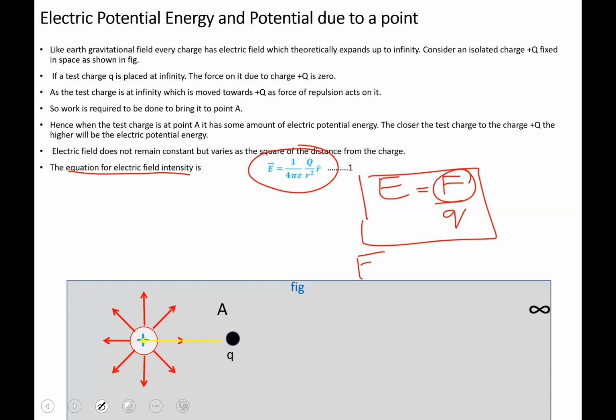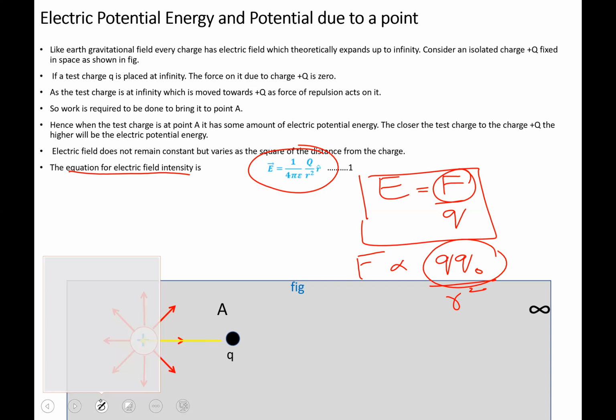So we can represent it like this: F is directly proportional to Q1 Q2 divided by r squared, where Q1 and Q2 are the magnitudes of the two charges, and r is the distance between them, and we have taken the square according to Coulomb's law. So this was Coulomb's law.